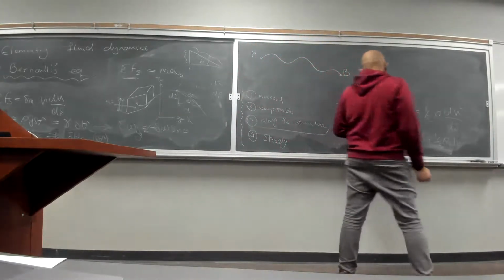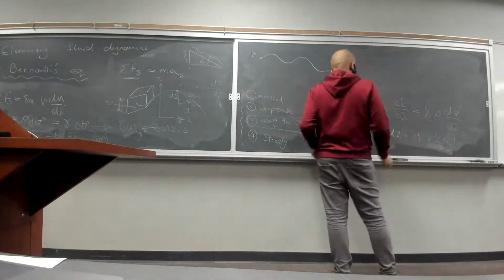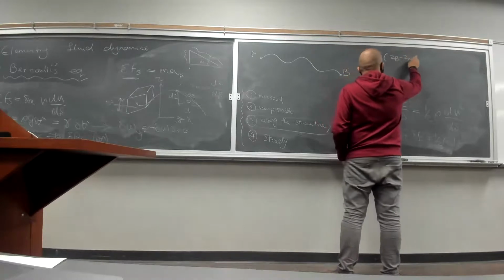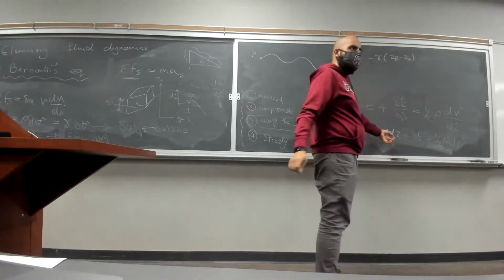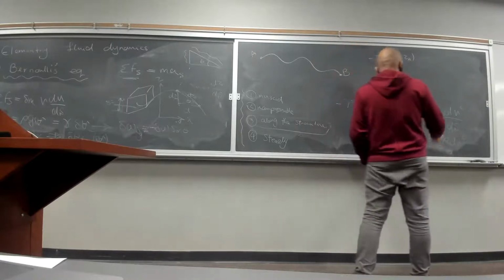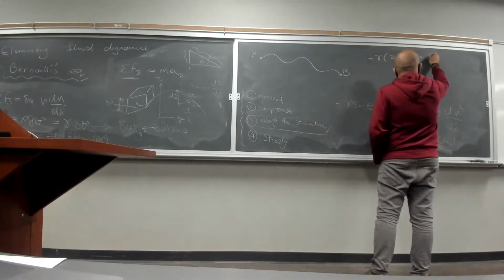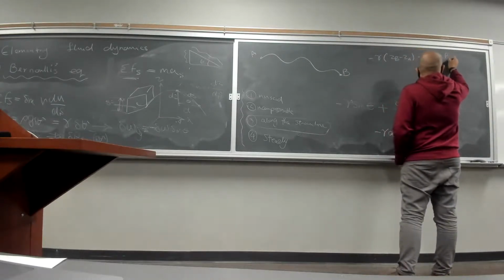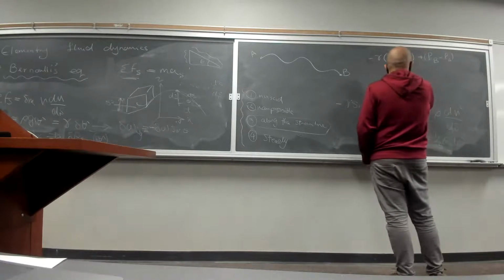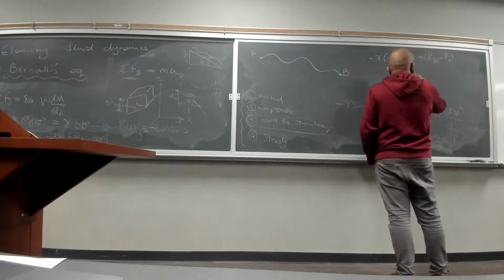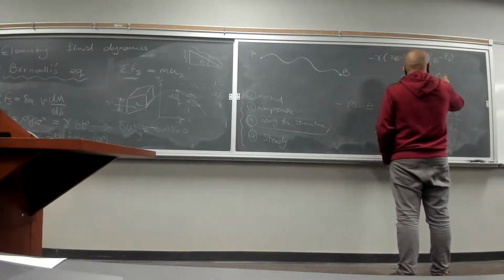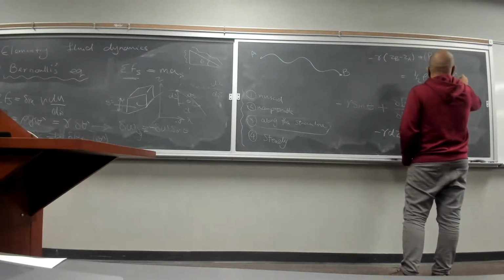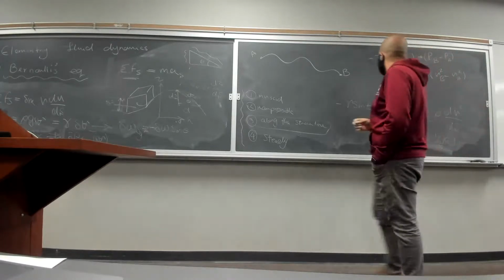If you apply this equation between these 2 points, what you're going to get is negative gamma times z of B minus z of A, essentially the difference in height, plus P of B minus P of A is going to be equal to 1/2 rho times V of B squared minus V of A squared.